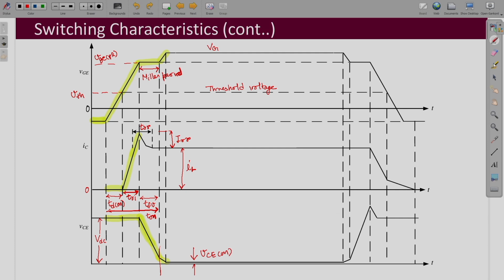Now, if we look into the IGBT turn off, that is also similar to MOSFET. First, the gate voltage reaches the Miller voltage, and at that time there is almost no change in voltage and current. This is TD off, the delay during the off time.